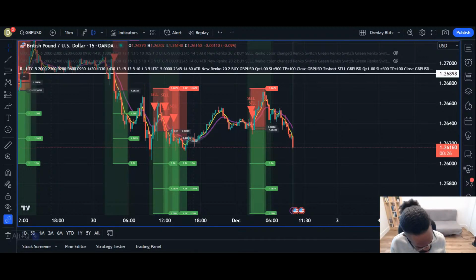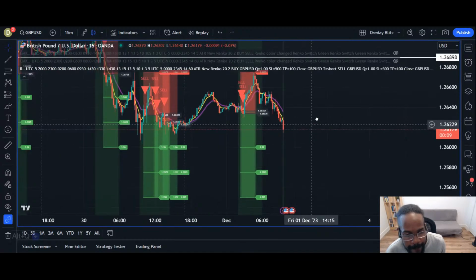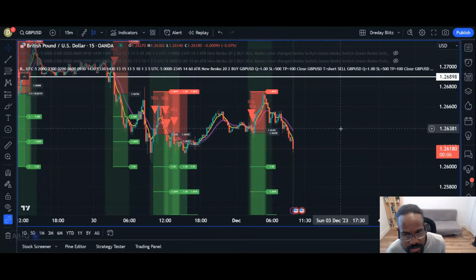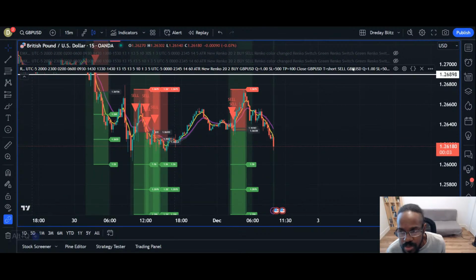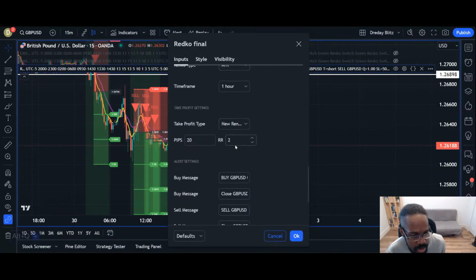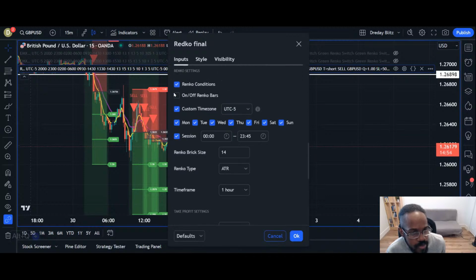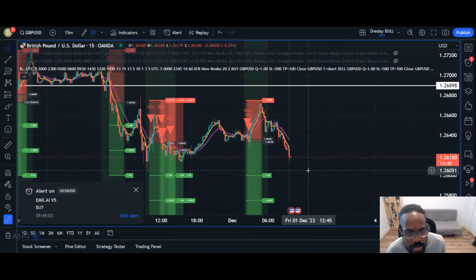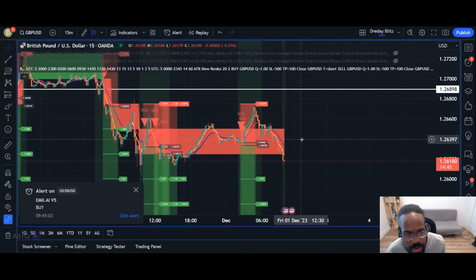So that's pretty good. So meaning that you're able to take a few pips or just to keep your trade running until maybe the first TP or when you receive the notification that it's going to switch to the other direction. So right now we're still selling because the Renkos are still looking bearish. So if we put back on the Renkos right here, there you go.